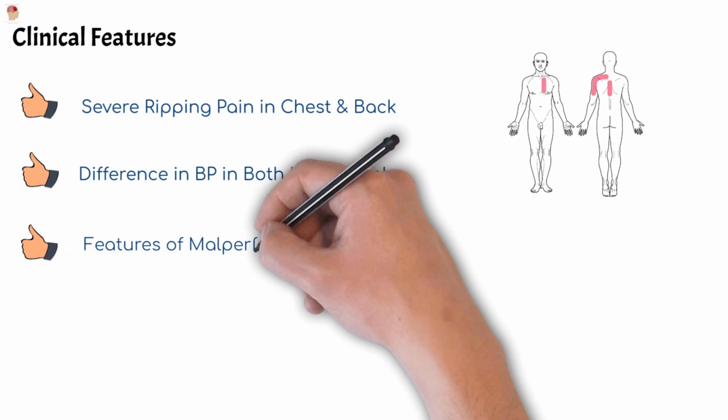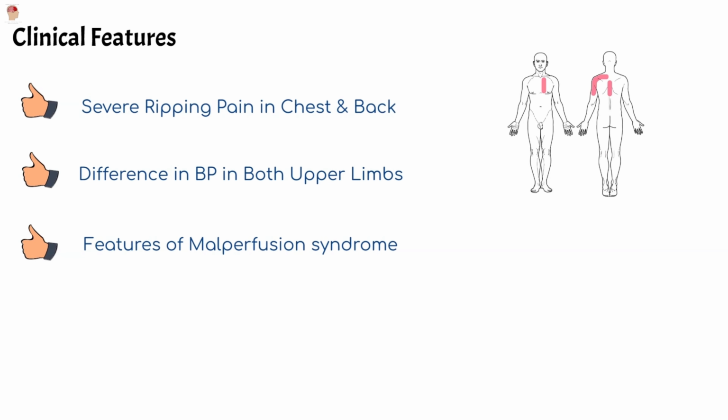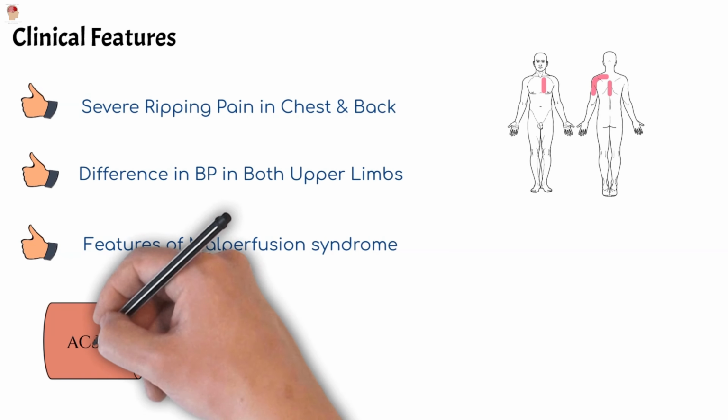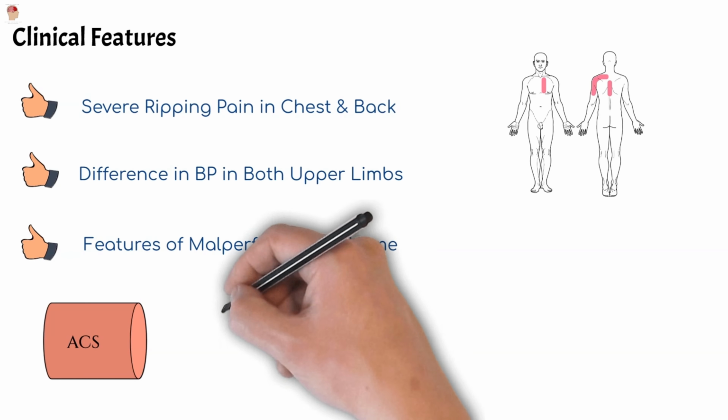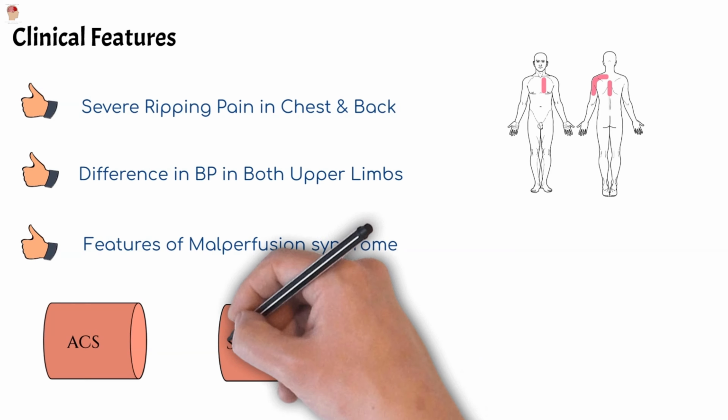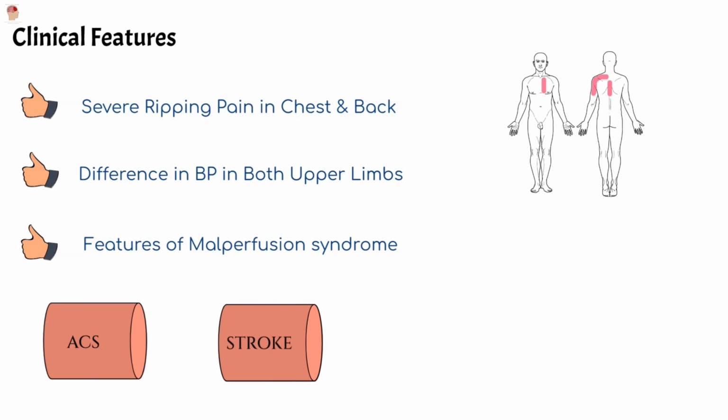Then there will be features of malperfusion syndrome. In aortic dissection, as you already know, there is a false lumen which will eventually compress the true lumen, and when the true lumen of the aorta is compressed, the features of malperfusion syndrome will take place. If the coronaries are affected, then there will be features of ACS. Sometimes the cerebral circulation can also be affected, and then the patient will have features of stroke, such as hemiparesis.